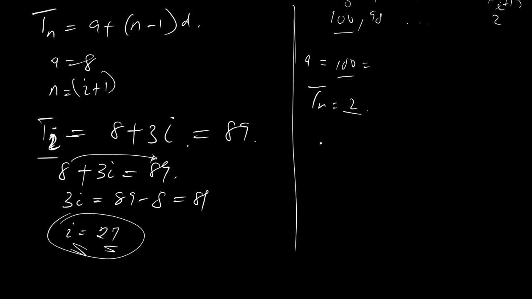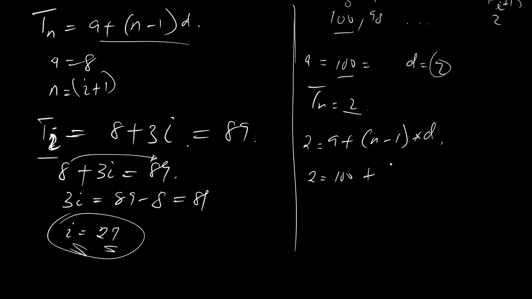we now have 100. Using this formula, we have A plus N minus 1 times D, and our D here is 2. Now adding your 2, you have 2 equal to 100 plus, or minus. So this is I plus 1 minus 1 times 2. So it's 100 plus 2I, because this one will go out.